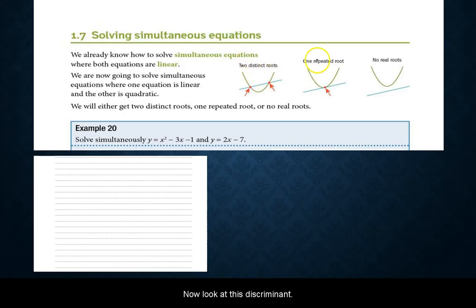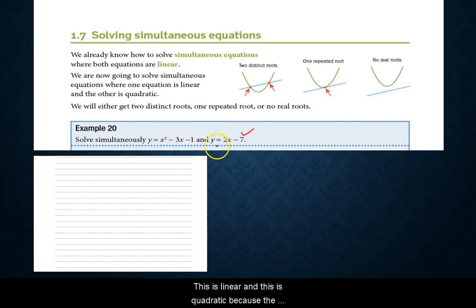Now, look at this discriminant. With two distinct roots, the curve touches the line at two places. When it touches only one point, this is one repeated root. And no real root means it cannot cross the line. So we will either get two distinct roots, one repeated root, or no real root after solving this simultaneous equation. You can see in this simultaneous equation, one is a linear equation and one is a quadratic equation.